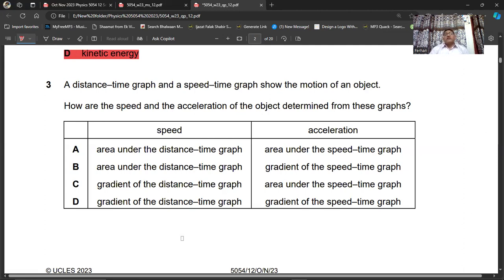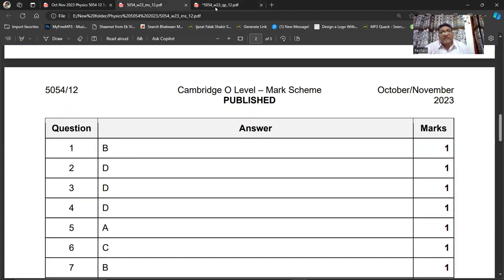And from the gradient of the speed time graph, you can tell the acceleration. So I think D looks the perfect answer. Let's check question number 3. D is the right answer.